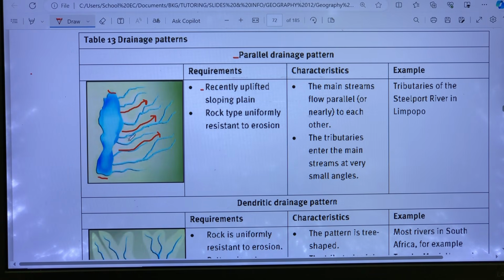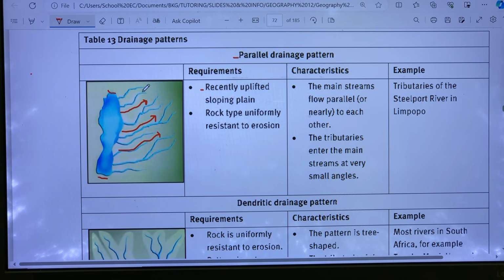The underlying rock structure underneath this landform of a parallel drainage pattern can allow water to erode in joints. Meaning the underlying rock structure has joints, okay? So that's what it means when a rock is uniformly resistant to erosion.